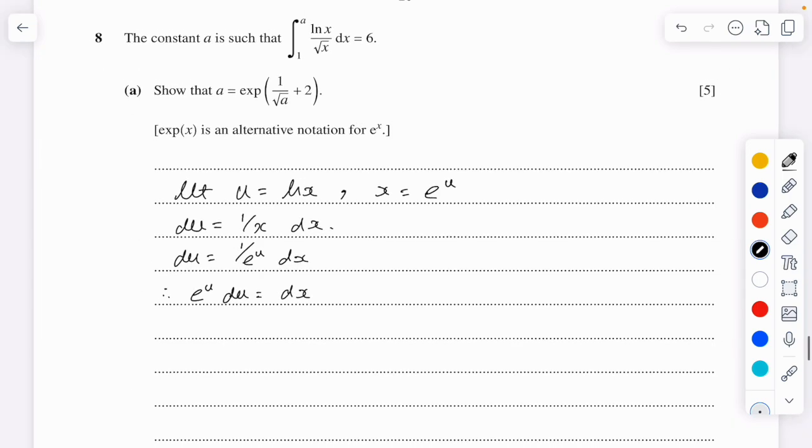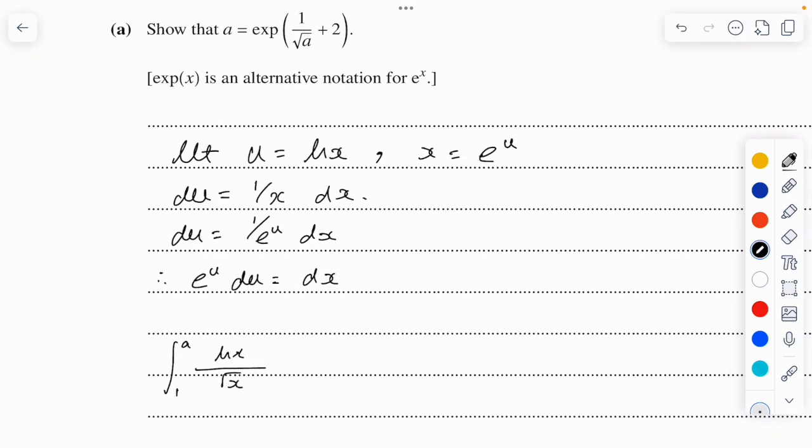So if we integrate between 1 and a of ln x over root x dx, we can say that according to our new parameters, we've now got ln a at the top and 0 at the bottom, because when x equals 1, u must be equal to 0.